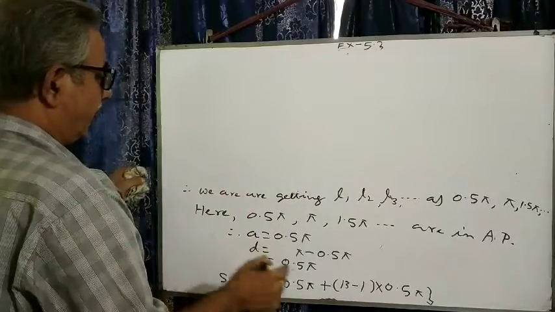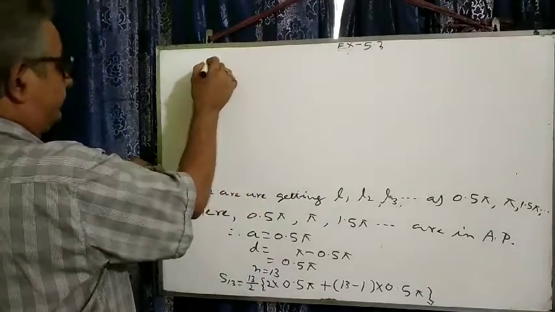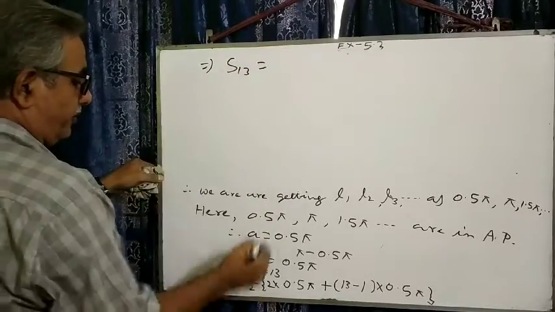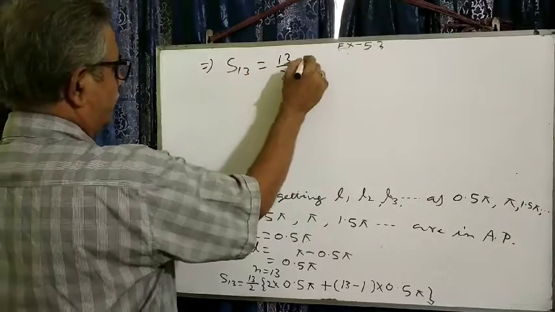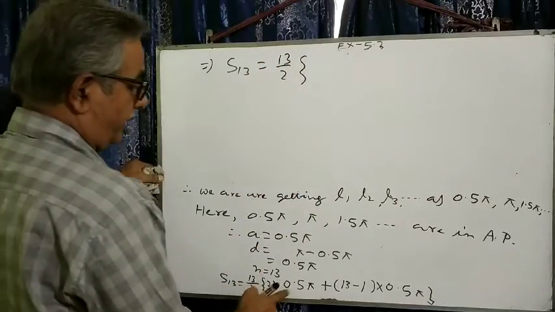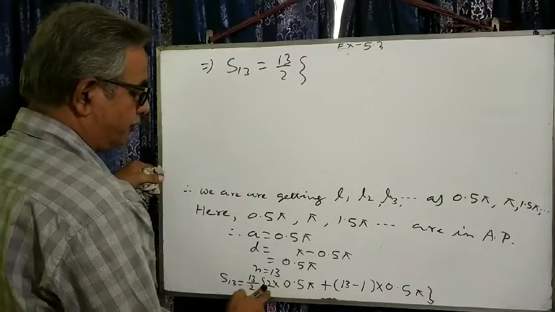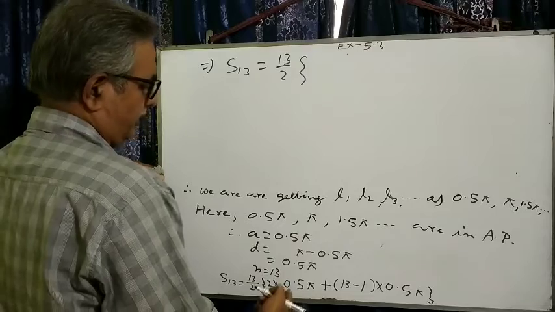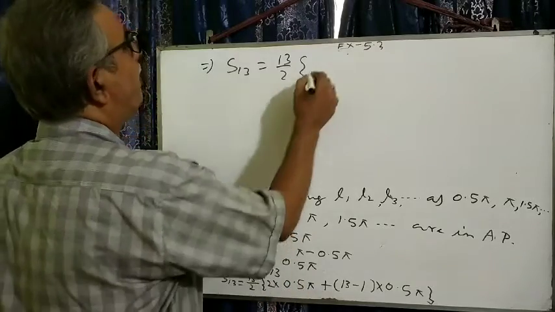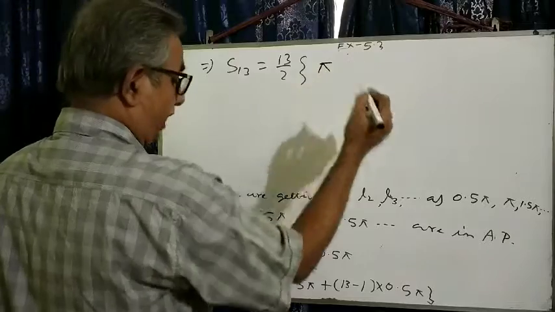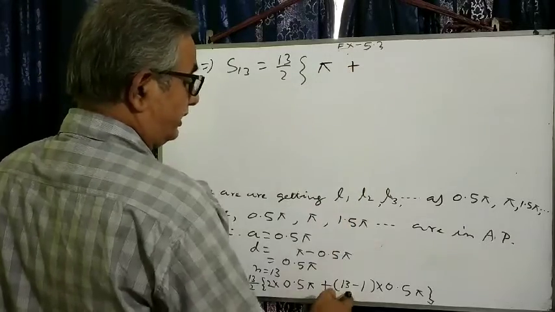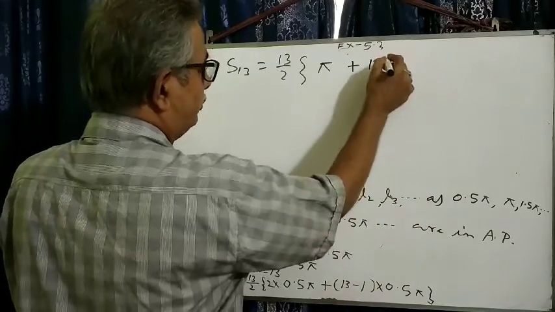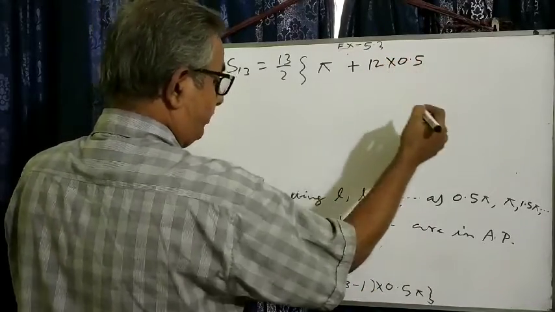So you are getting S13 equal to 13 by 2 into 0.5 into 2, which is 1.0, so 1 pi, or pi, it is the same. Plus 13 minus 1, which is 12, times 0.5 pi.